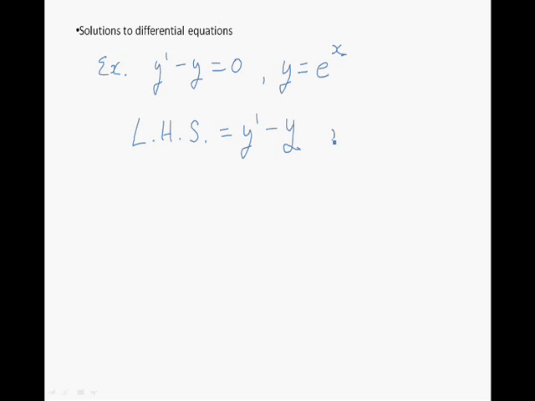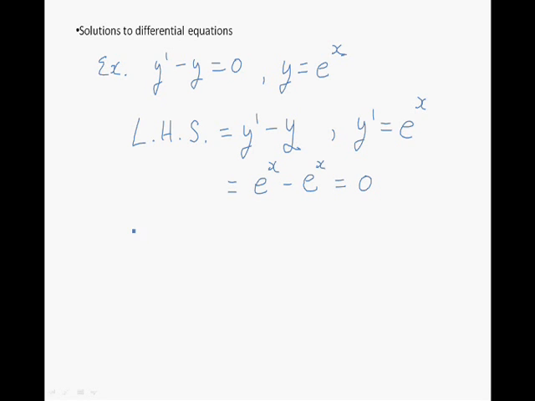y prime is the derivative of the function y. The derivative of e^x is e^x. y is e^x. Therefore, the left-hand side of the equation is simply e^x minus e^x. And this here is equal to 0.